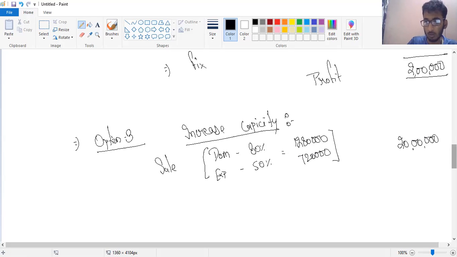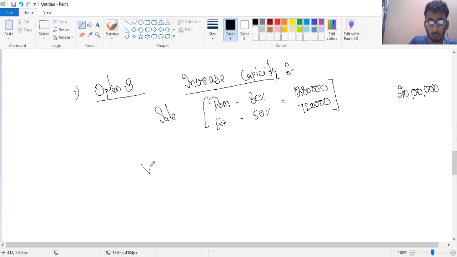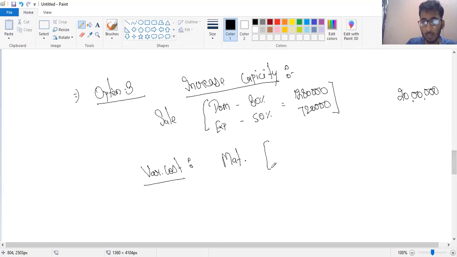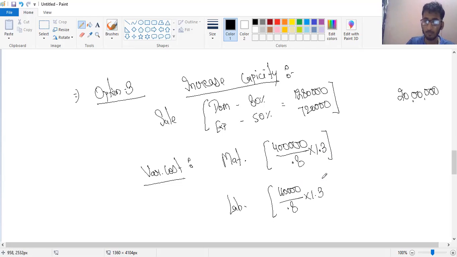Correct. Now what would be the variable cost? So material cost, if 4 lakh denotes 80%, then what would it be for 1.3? Because we are working on 130% capacity. For labor, if 160 denotes 80%, what would be 1.3?